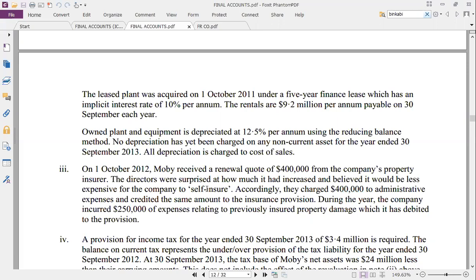Now, the company or the director said, no, this amount quoted by the insurance firm is too much. So now let's provide our own insurance facility. That is all. So the company set up their own insurance facility. But funny enough, they placed the same amount quoted by the insurance company.